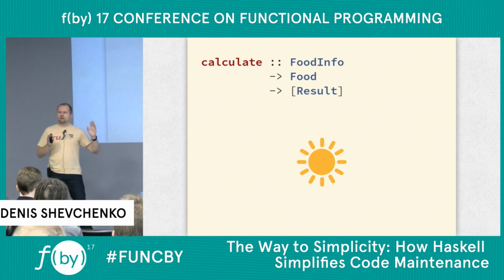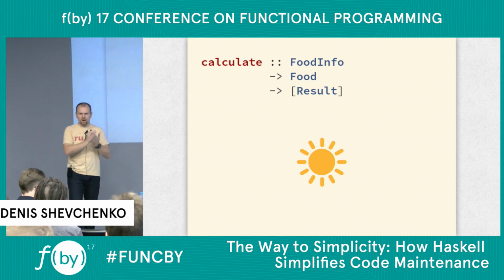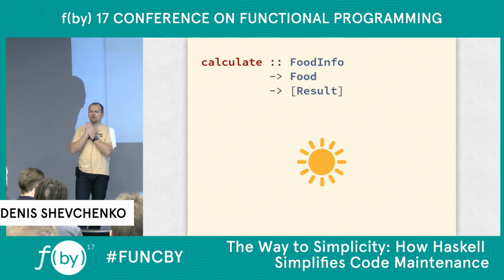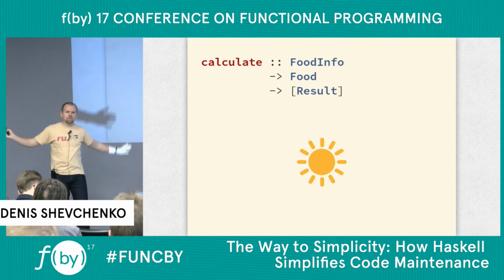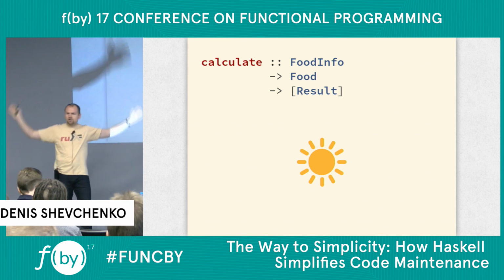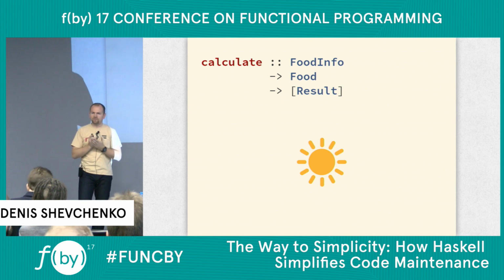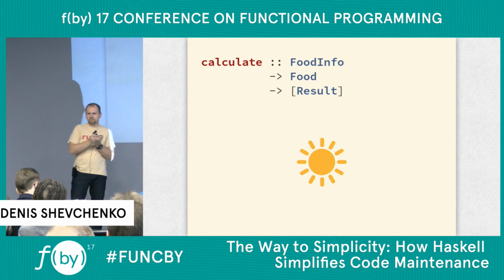This function doesn't have any side effects. Its value depends only on these two arguments, and this function cannot work with the external world, with external dangerous universe. We can be sure because Haskell provides us guarantees about the purity of functions.